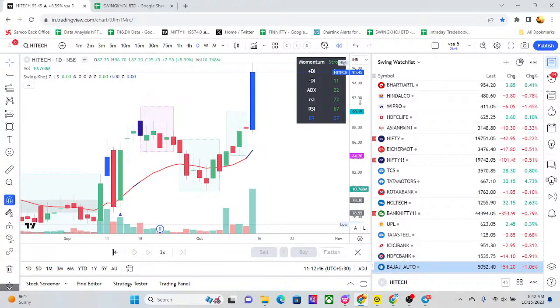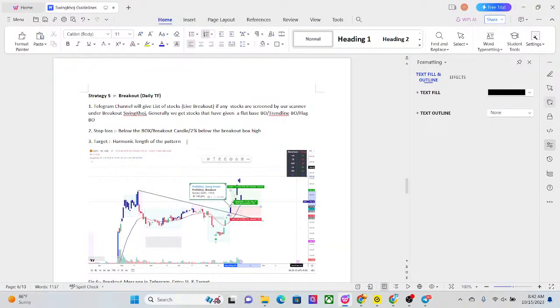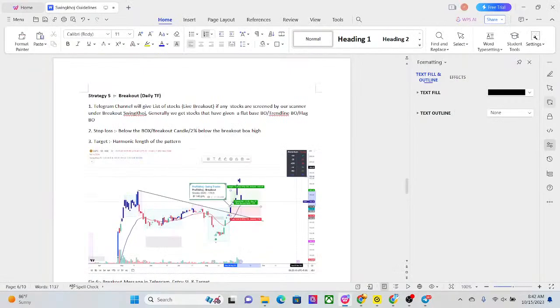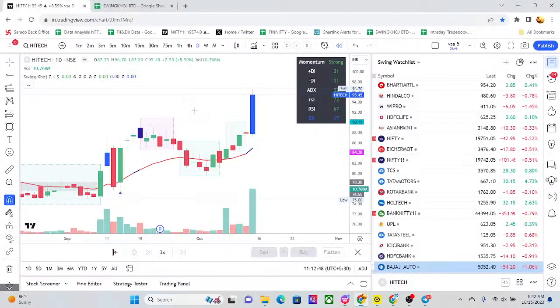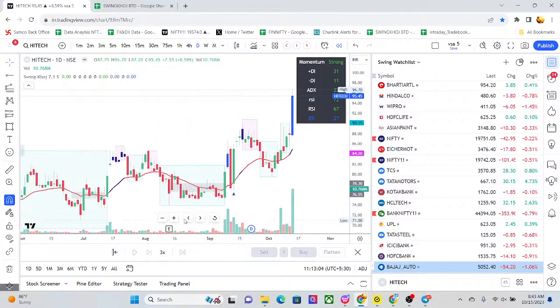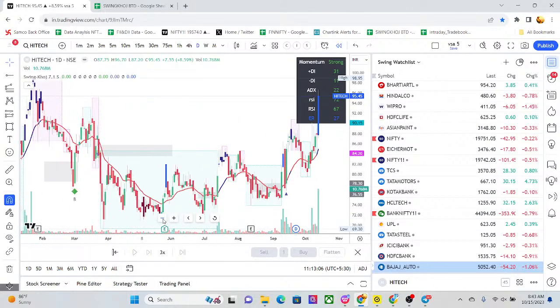Okay, what was the entry time? Entry price was 94 something. So you are in this trade, right? We are not recommending to take every breakout here.